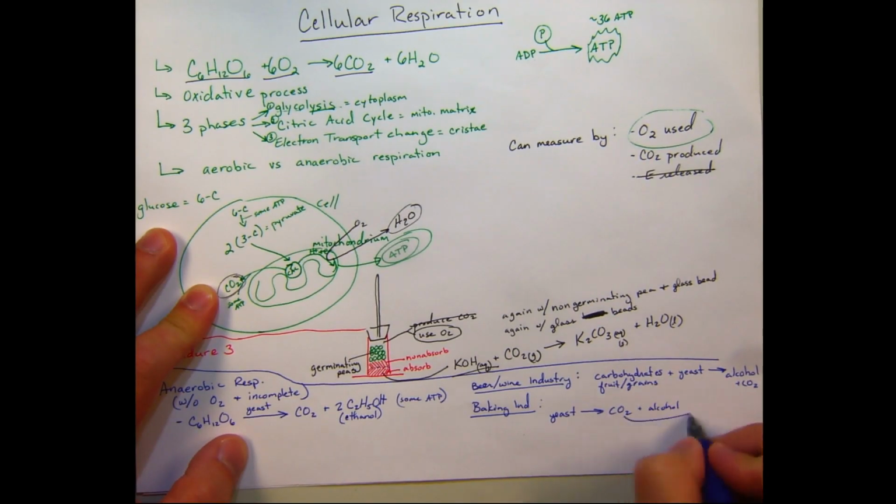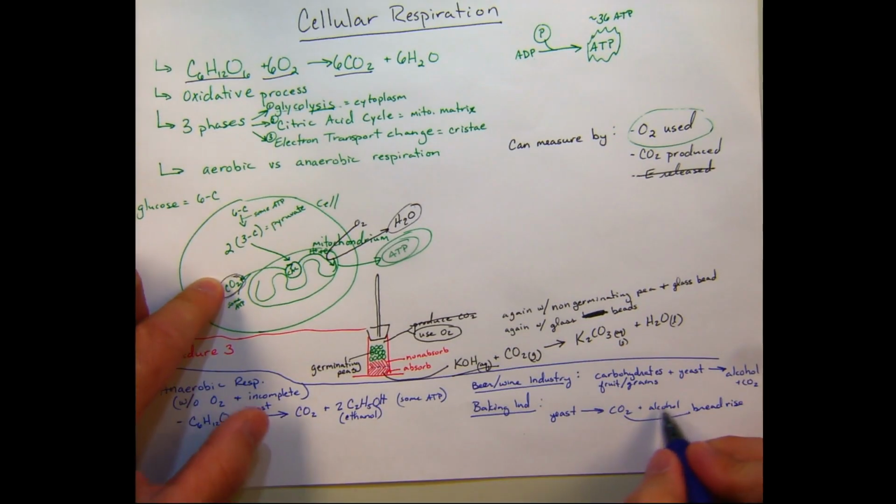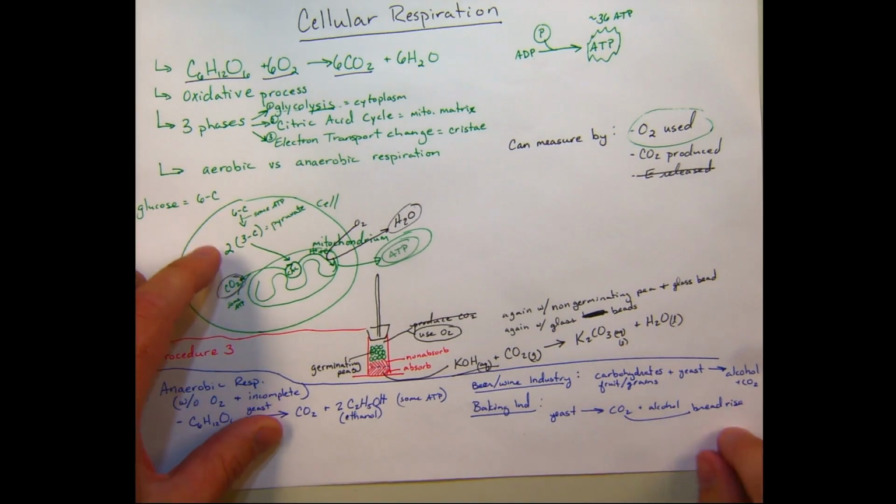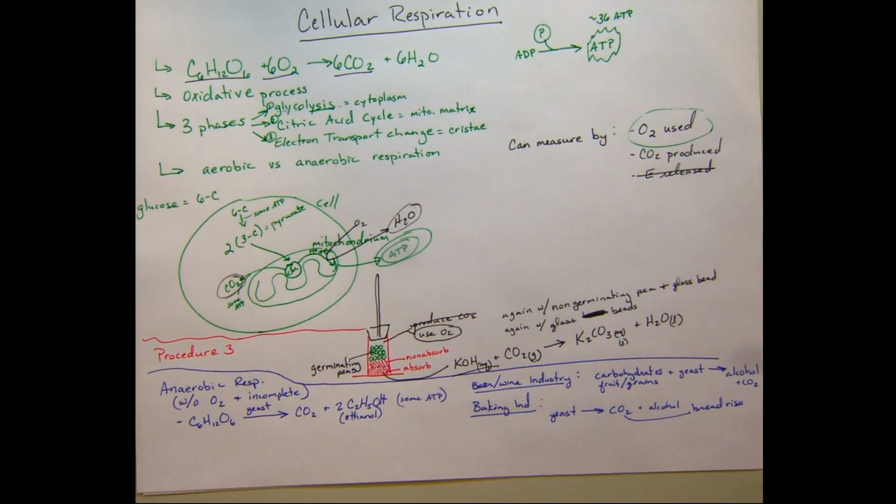And this is going to help the bread rise or the cake rise. The alcohol just gets burnt off, just evaporates. So when you cut open your bread, you may notice that it has a lot of bubbles in it. Those bubbles are the carbon dioxide, which helped lift the bread.